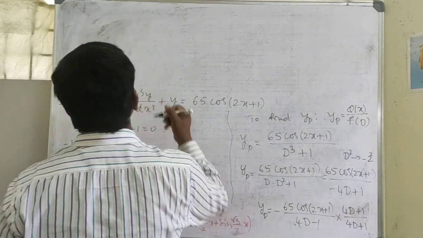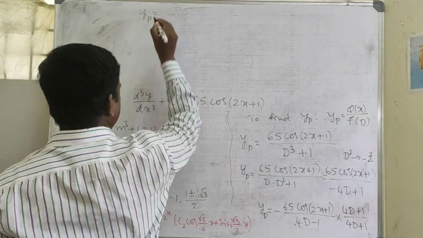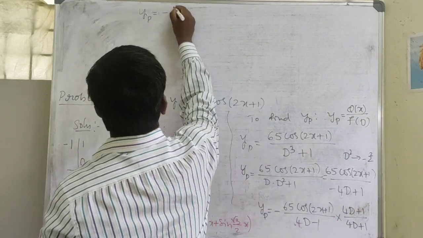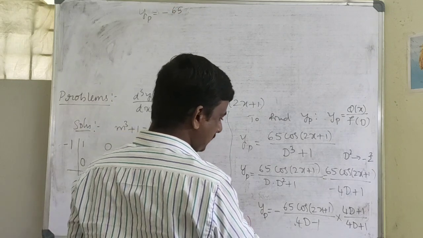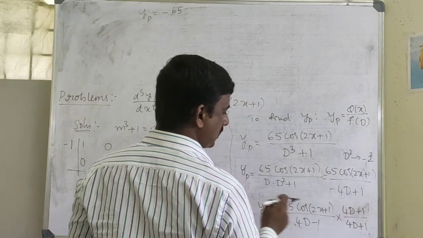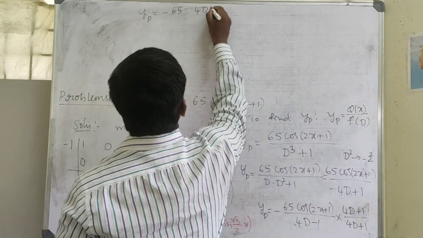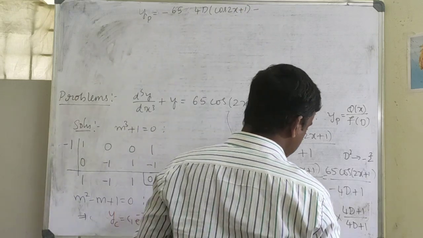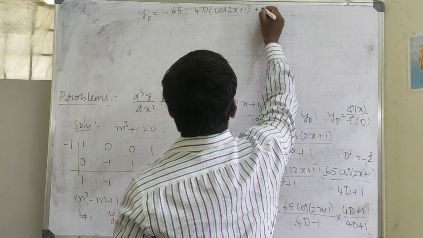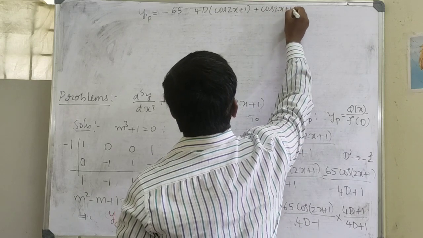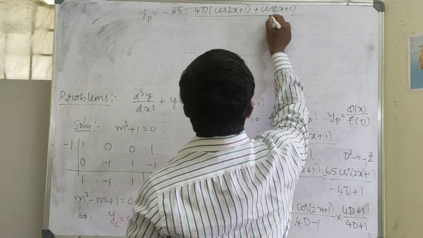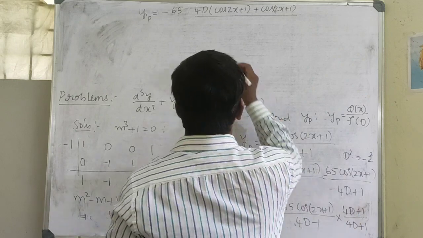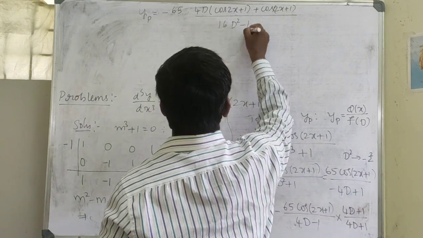Now this will be yp equal to minus 65, let us take outside, 65 into 4d of cos of 2x plus 1 plus cos of 2x plus 1 divided by, 4 into 4, a minus b into a plus b, that is a square minus b square, 16d square minus 1.